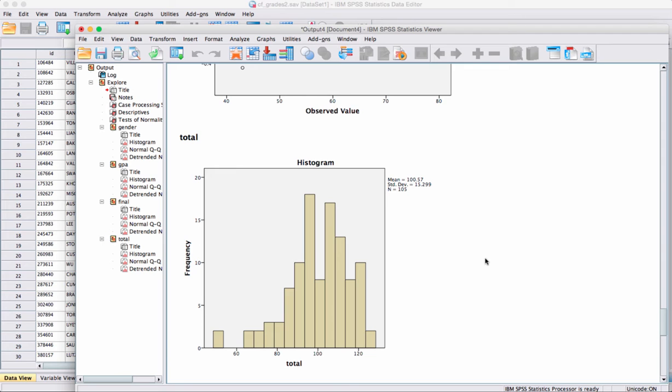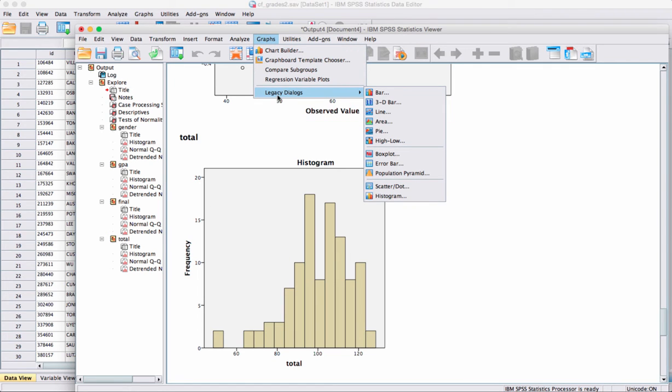So the next part of the analysis is to now look to see how these variables relate to one another in terms of their linear relationship. So in this case, we can go to Graphs and Legacy Dialogues and Scatter/Dot.